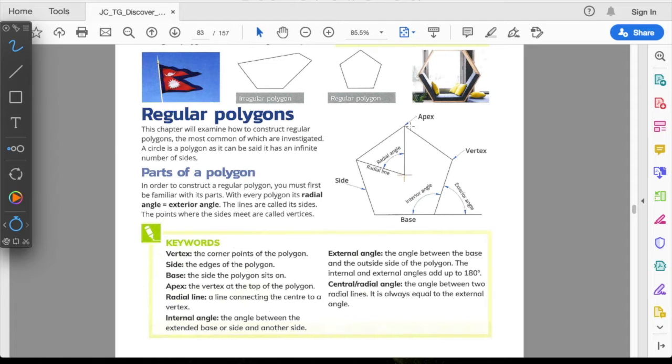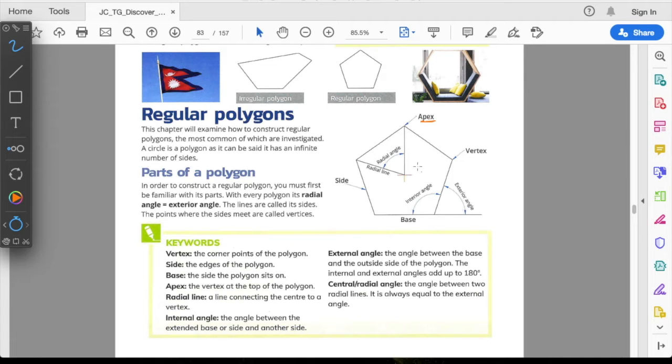So we have the apex, which is the point that's at the top. Okay, and every polygon would have an apex. Some polygons might have two apex depending on what way it's orientated. We have a vertex, which is an angle, so one of the points. So the apex is the apex, but it is also a vertex, because a vertex is every one of the corners. Okay, you have your interior angle and your exterior angle.